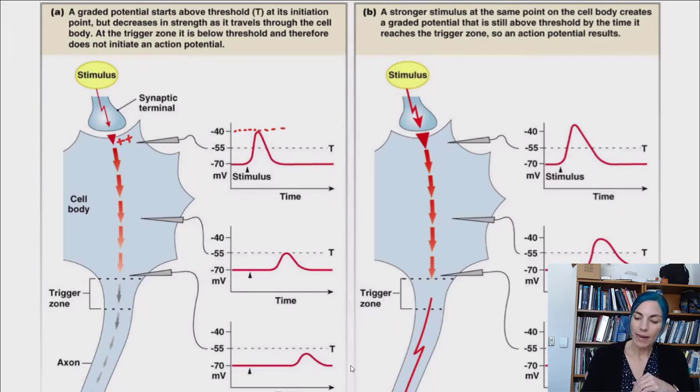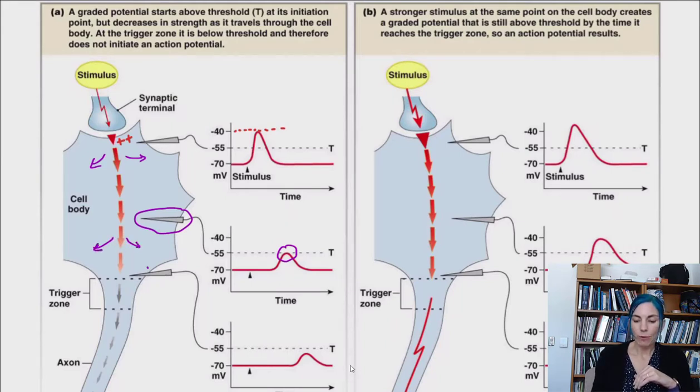But we do definitely expect some loss of charge as those positive ions start moving about. So by the time we get to this point in the cell body, you can see that we're right at threshold. But even more dissipation happens.